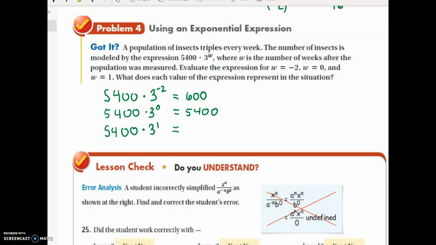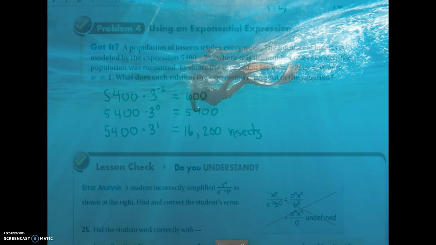So we would end up with 16,200. And that's insects. Not sure what kind of insect. Okay. So just evaluating that expression, getting a little practice using the calculator, all those good skills there that we're going to need for this chapter, okay?